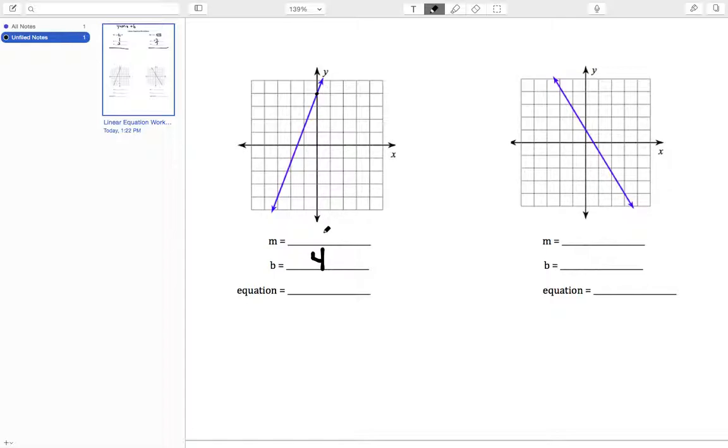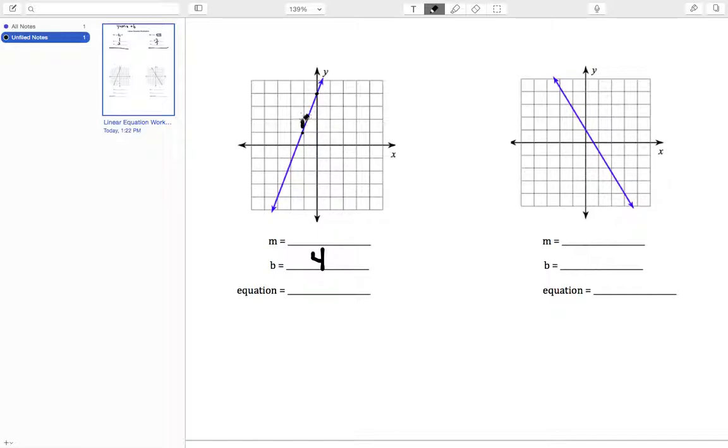Then you have to find another point that crosses perfectly so you can do your slope. I'm going to take this point right here. So then when you find slope, you always have to do your rise over your run. So it's always the up and down first.